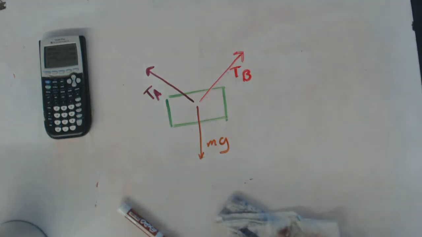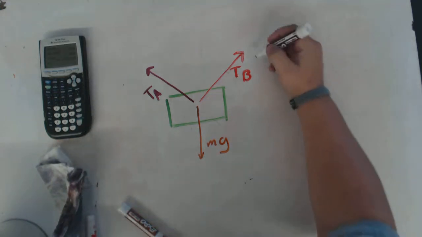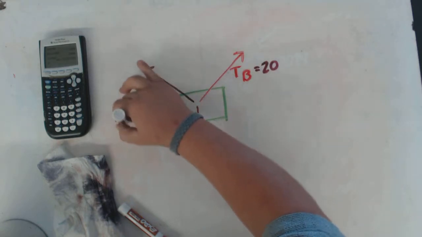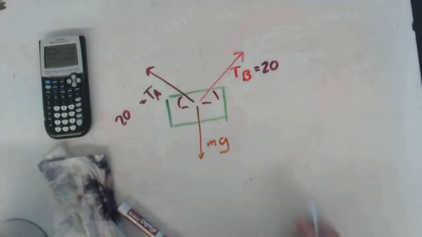Some happy little trees. And what I know is that this is equal to 20, this is equal to 20, and that there's an angle of 45 degrees here.